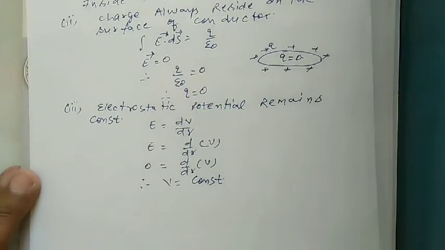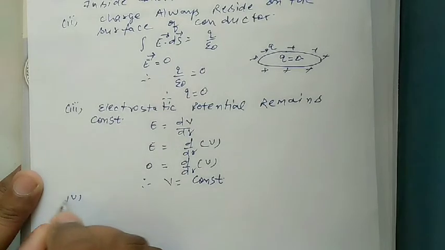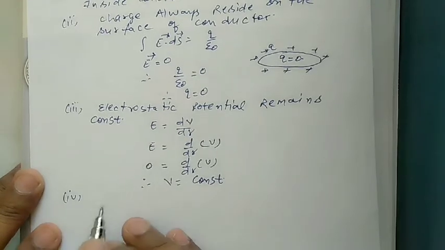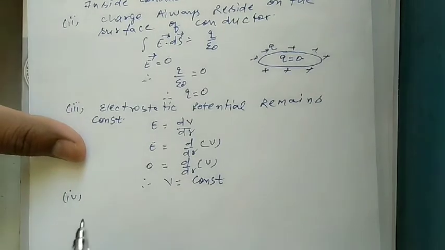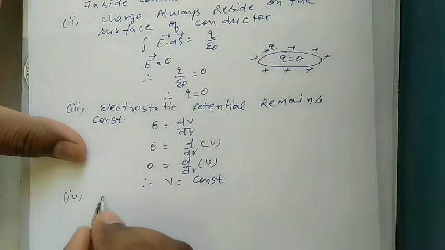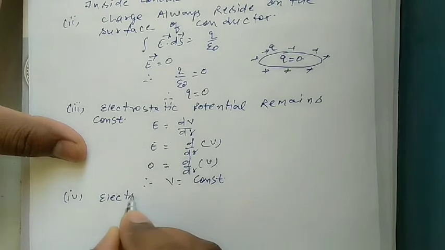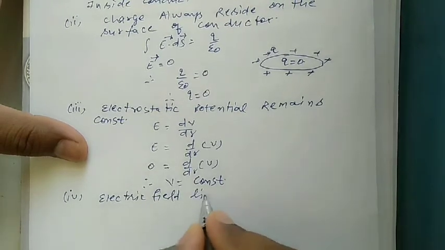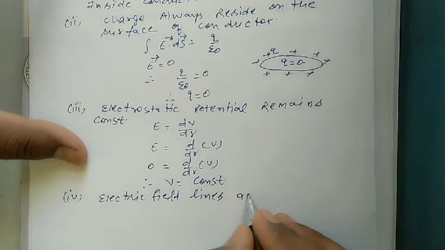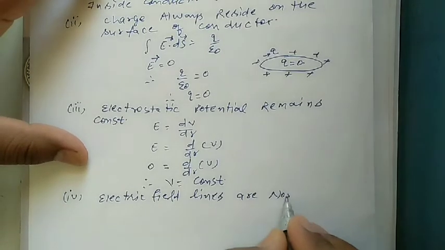Fourth property, electric field lines are normal to the surface.